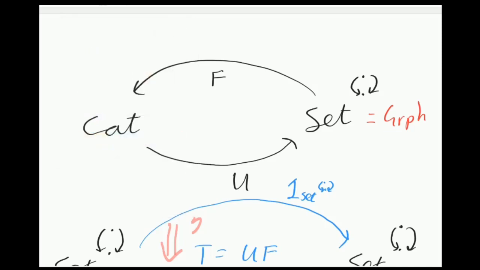Now it's well known that we have these adjoint functors between Cat and the category of graphs. And so if we have a category, like let's say this one here, and we apply this forgetful functor U on it, we just get the underlying graph of that category.